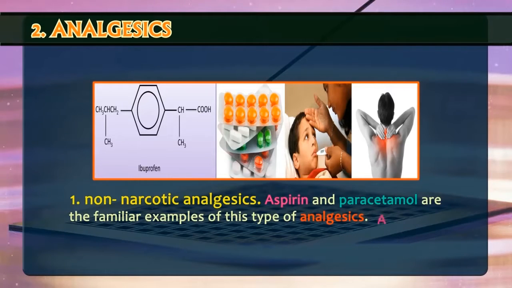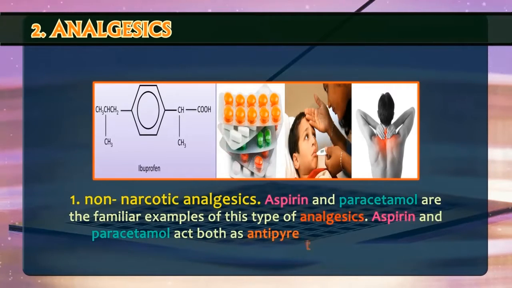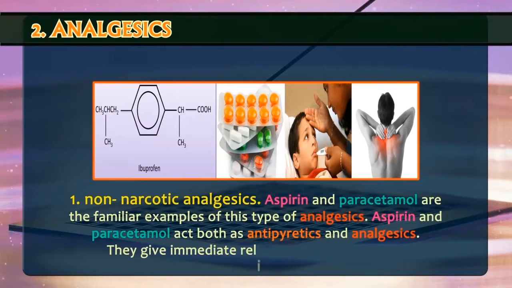They give immediate relief from pain and fever. Aspirin inhibits the synthesis of prostaglandins, which stimulate inflammation in the tissue and cause pain. Aspirin is also used for prevention of heart attacks, as it has anti-blood clotting action.